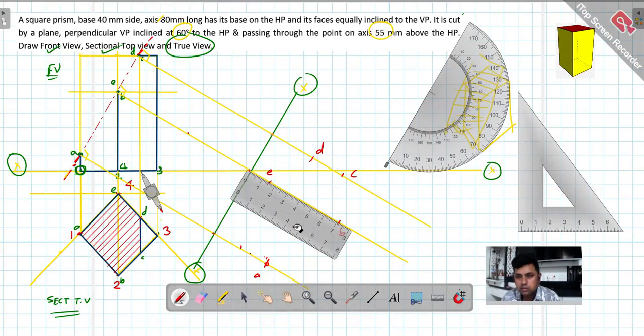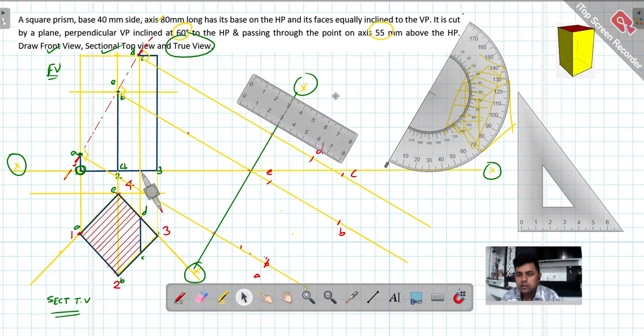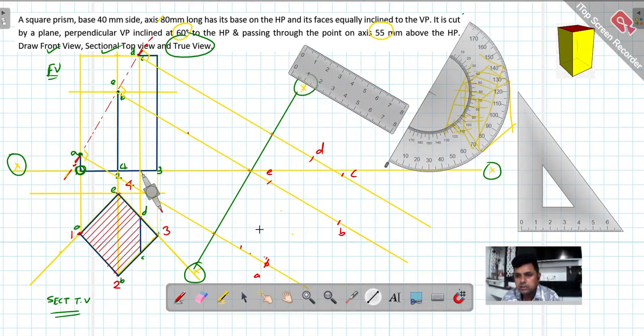So I got this point E. Now join all the points A, B, C, D, E. A to B, B to C, C to D exactly joined, D to E, then E to A again. Again, this view is completed.